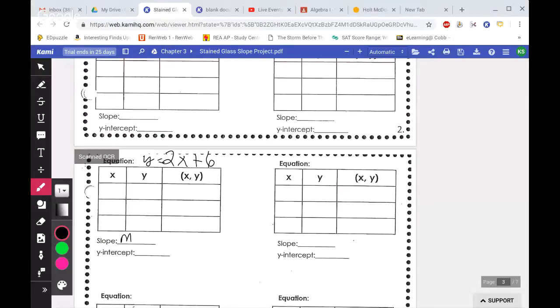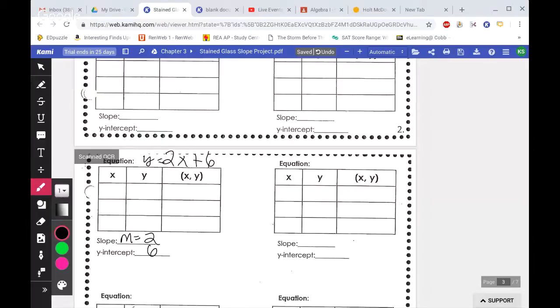Here, 2. Good job. 2. The y-intercept is the standalone constant at the end of the equation. So what is it? 6. So there's your slope and your y-intercept.